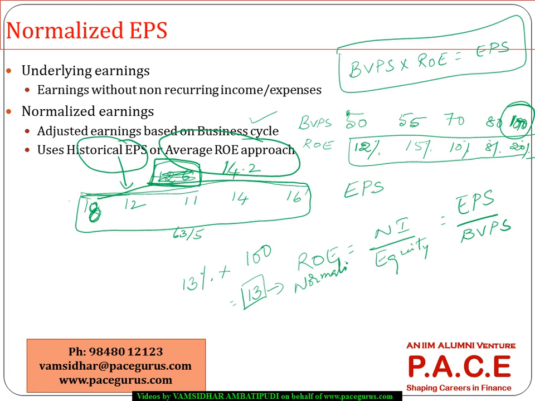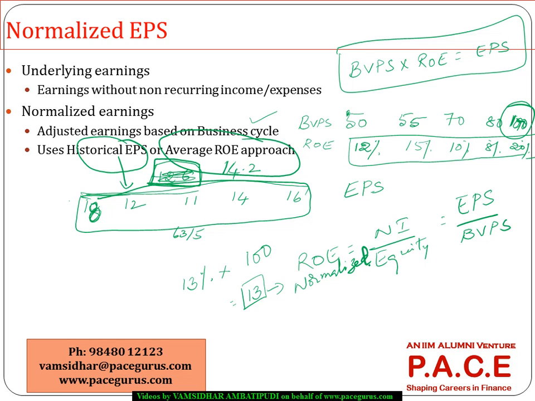So either I can take the EPS average itself for the entire period, or I can take the ROE average for the entire period and multiply it with the book value per share of the recent period to arrive at the EPS as of the current period.